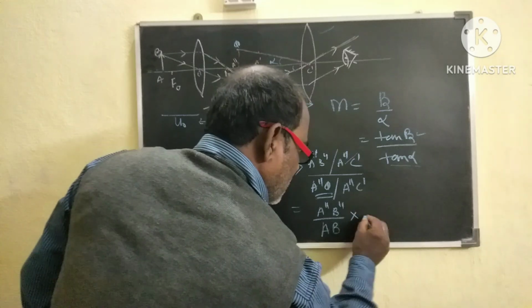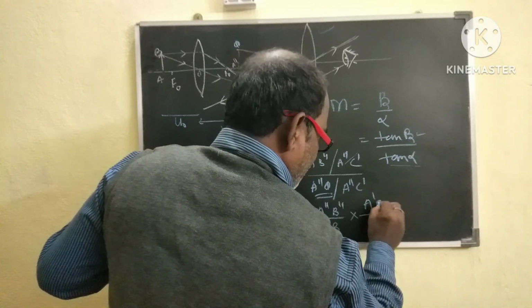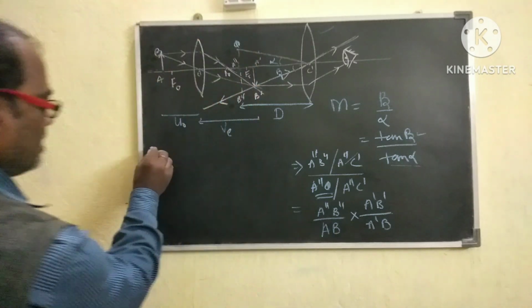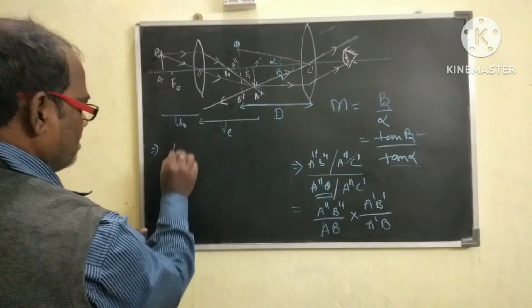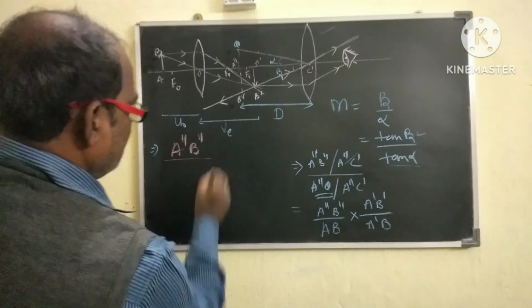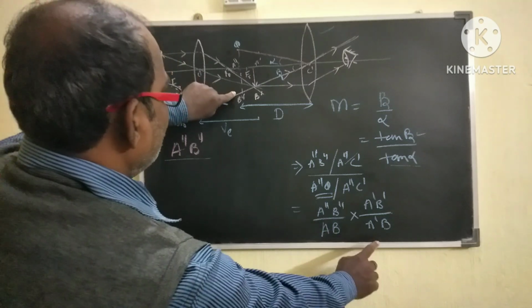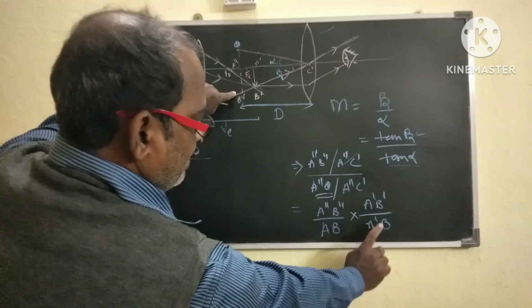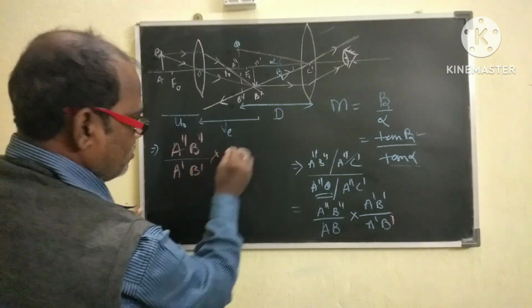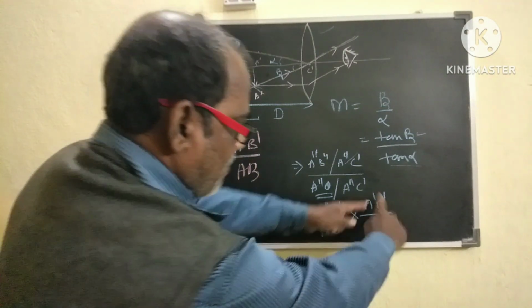Now on multiplying the numerator and the denominator with A'B', this can be rearranged in the form of A''B'' by A'B' into A'B' by AB. I have just rearranged this.